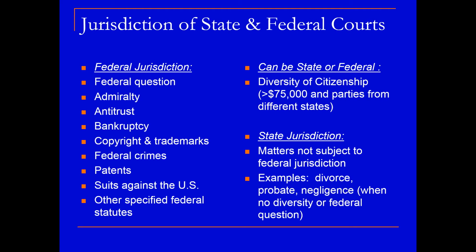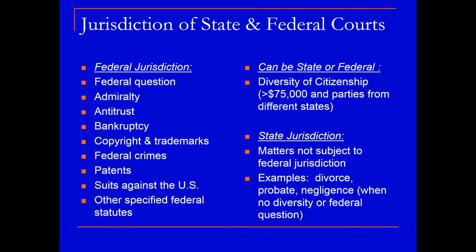So if the corporation and the truck driver are from Arkansas and the other party on the other side is from Oklahoma, and there's no overlap of states there in terms of where the parties are from, and the case is worth more than $75,000, then there can be federal jurisdiction.